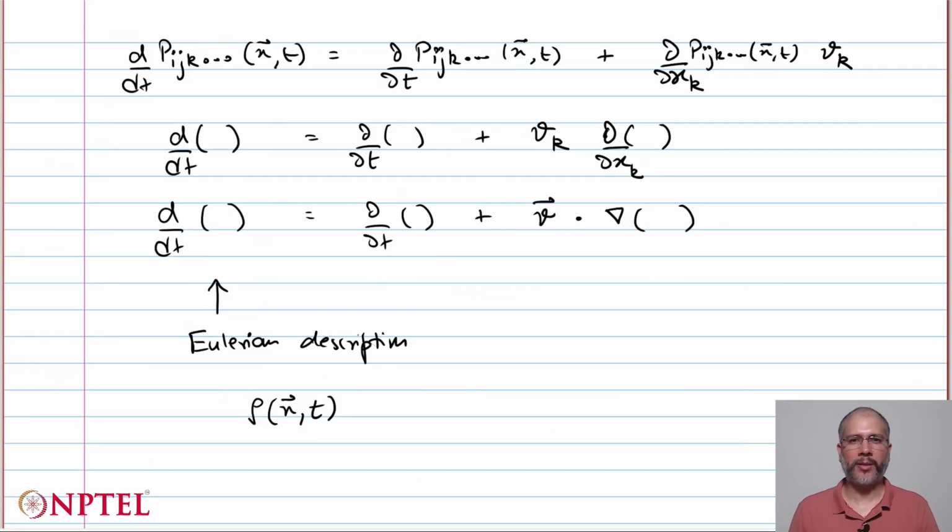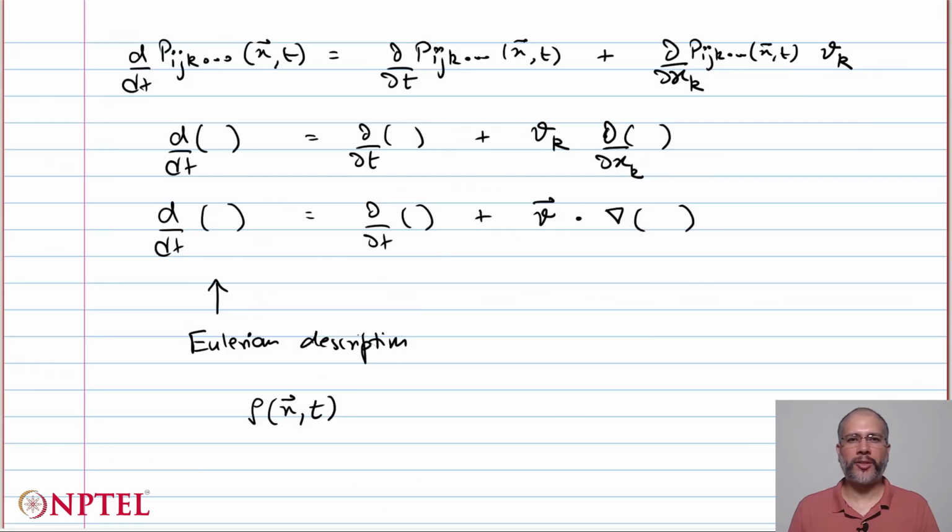So when writing the momentum equation for fluids, and we'll do that later in the course, we will still use that the external force acting on a collection of fluid particles is the material derivative of the momentum. Since momentum, which is mass times velocity, is expressed in the Eulerian description, we'll have to apply this form of the material derivative.